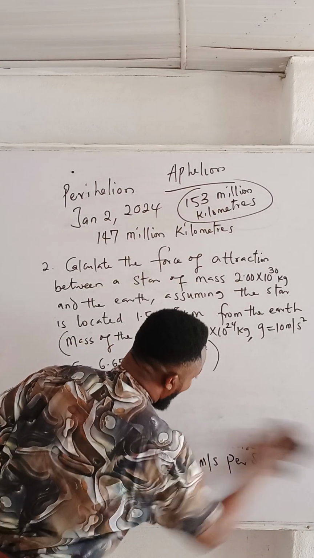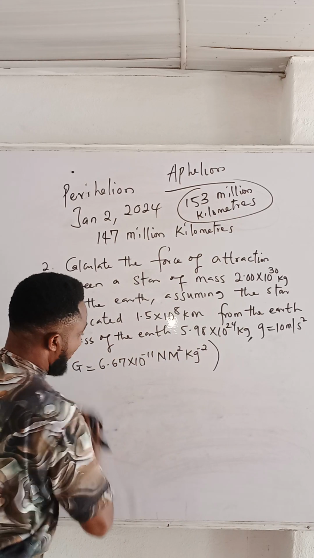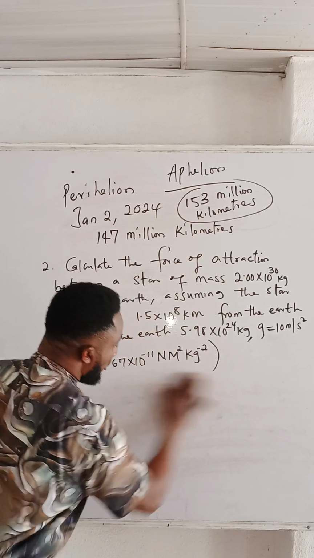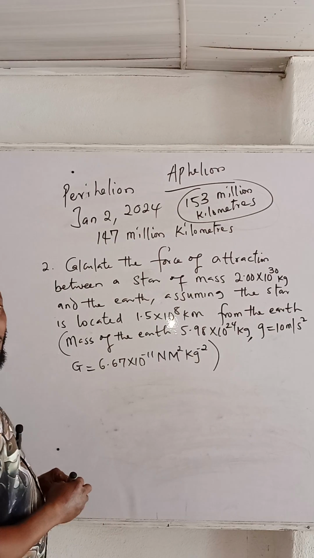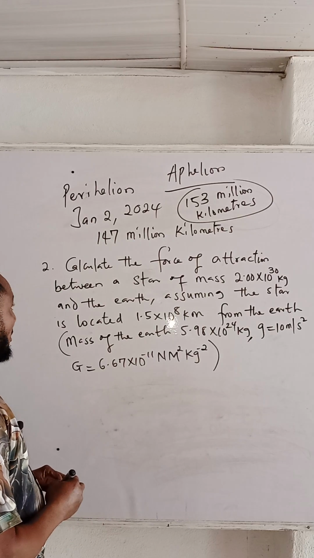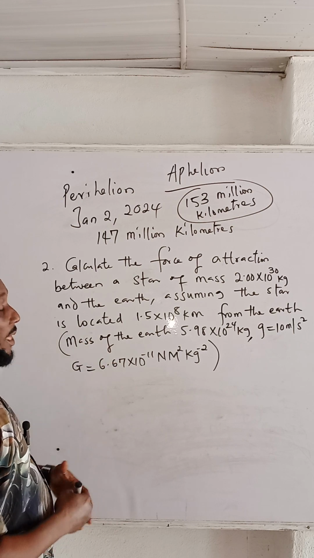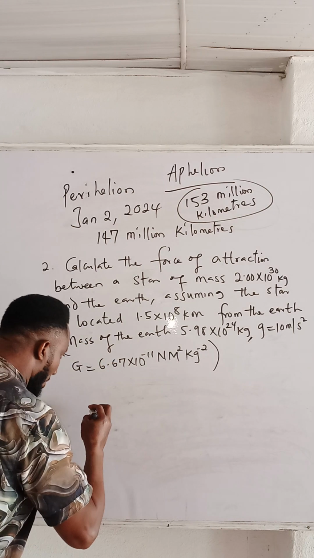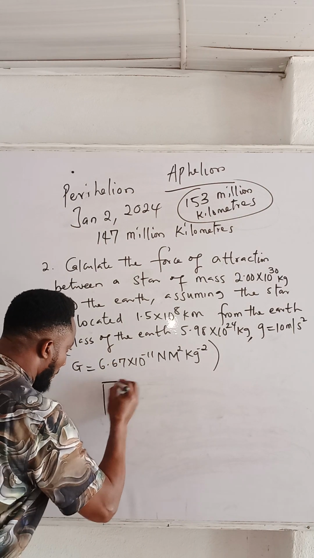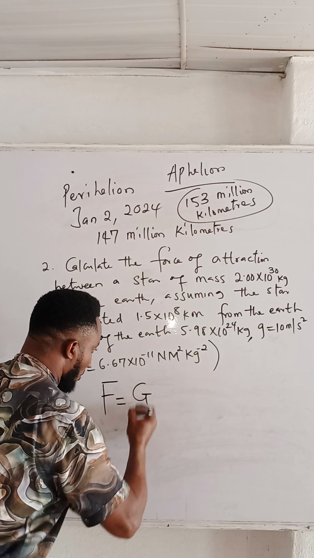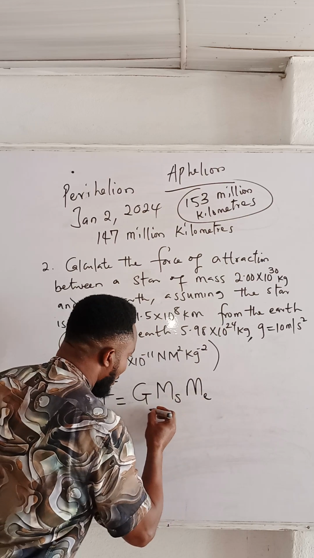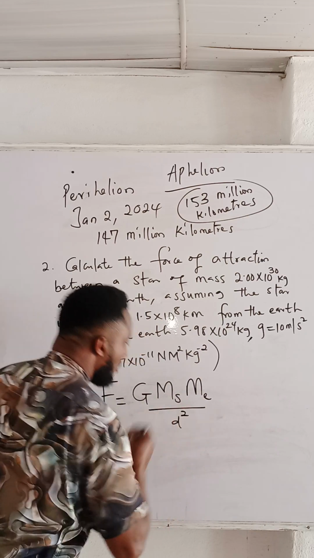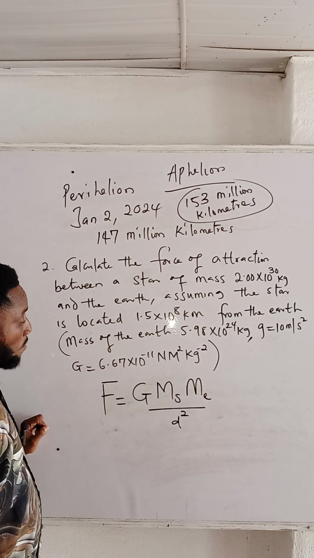So to solve this question, we are going to use Newton's law of universal gravitation. Since we are dealing with a star and the Earth, we shall write the formula like this: force equals gravitational constant times the mass of the star times the mass of the Earth, divided by the distance between them squared.